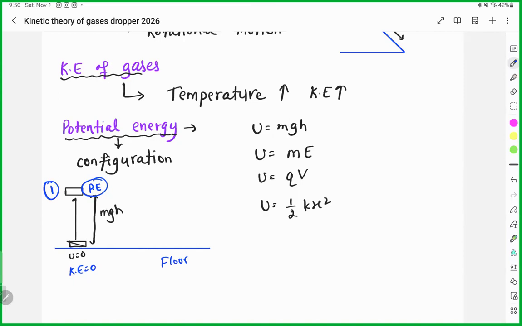No. Chandana, what is the cause for this potential energy? Acceleration due to gravity? No. Acceleration due to gravity is responsible for kinetic energy. Movement, yes.